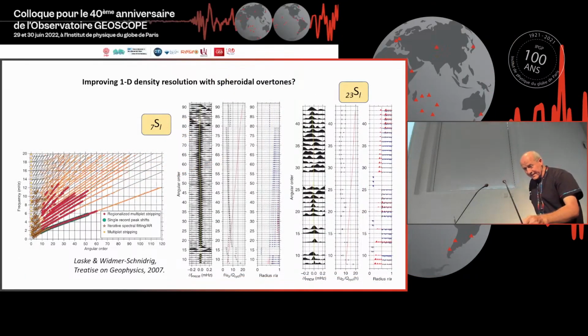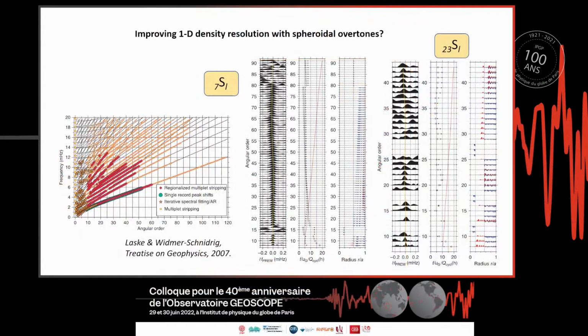Okay. Another view on the data, just for the path forward: these mode branches in the dispersion diagram extend out to 18 millihertz at least, some up to 20 millihertz, and I've only shown here all the multiplets for the 7th overtone and the 23rd overtone, the 7th overtone on the left, plotted relative to the predicted frequency of CREM.